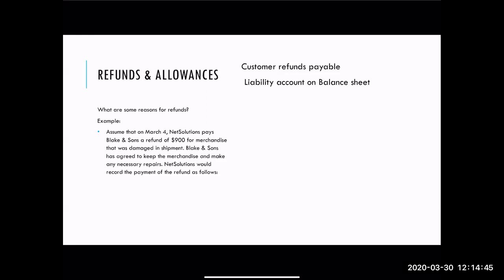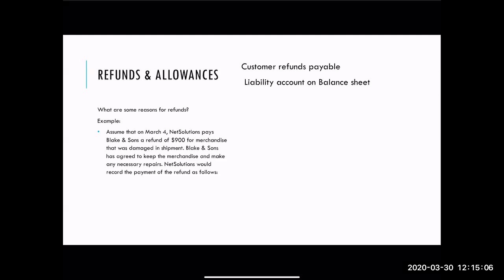In that instance, the seller may pay the buyer a cash refund, or they may grant them a customer allowance. Think about an allowance, as I mentioned in prior slides, as maybe store credit.